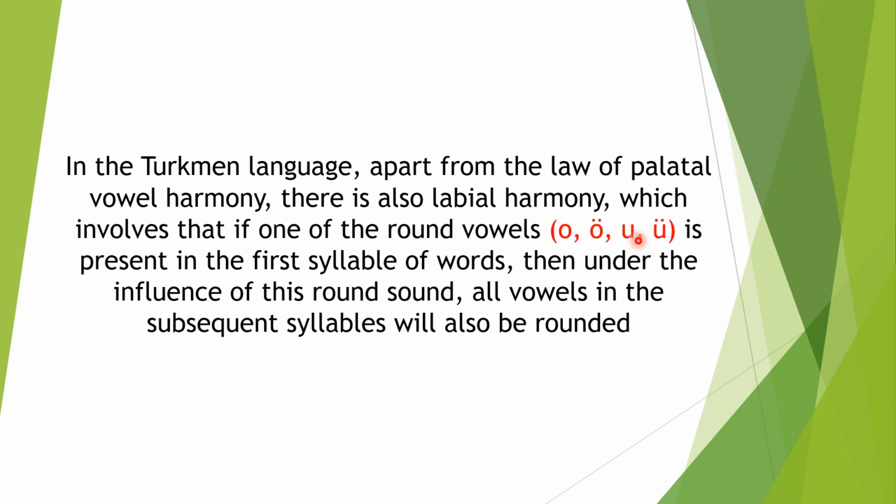U, round vowel, and this is yoğun çekimli, back vowel. Ü, ince çekimli, front vowel. So in the first syllable of the words, if we have one of these vowels, all vowels in the subsequent syllables will also be rounded. Let's get started.